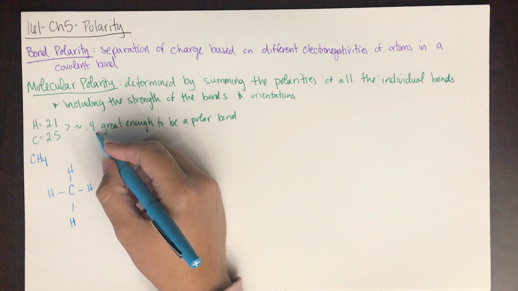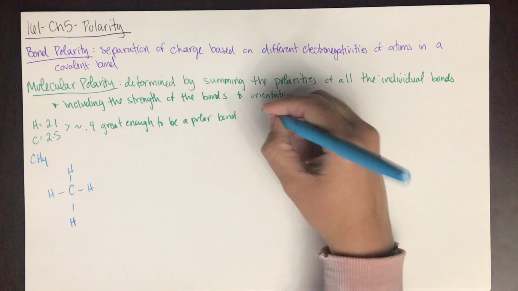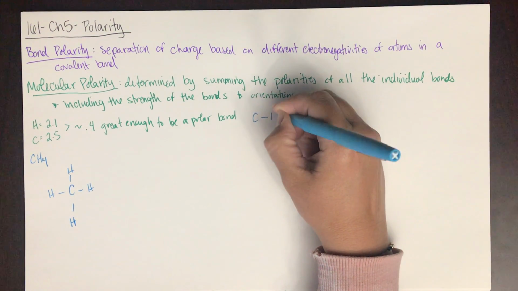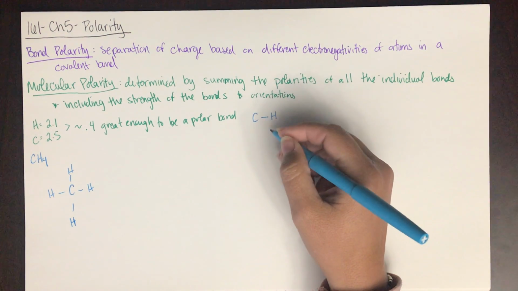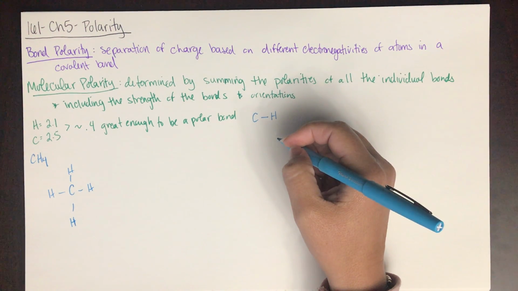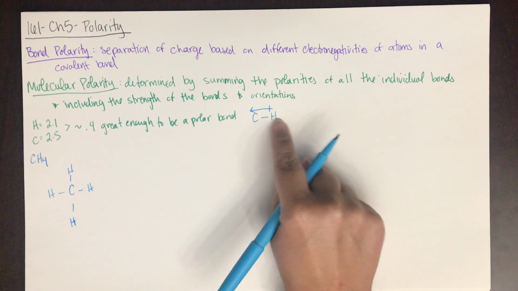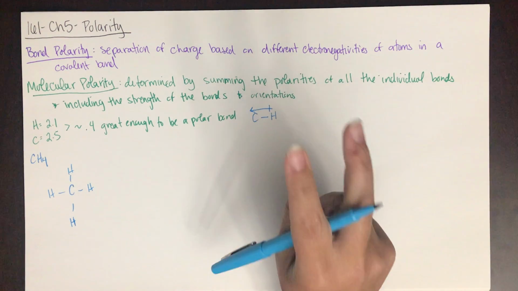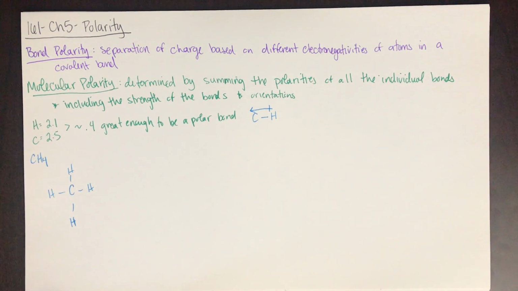I know this is right on the border, but we're going to say that this is signifying a polar bond. So we would say the carbon-hydrogen bond, if we were to draw the dipole, remember the dipole is a vector that shows the separation of charge, we would show it pointing this way because carbon is more electronegative than hydrogen. So this would be considered a polar bond. It's right on the edge. But is carbon tetrahydride a polar molecule?